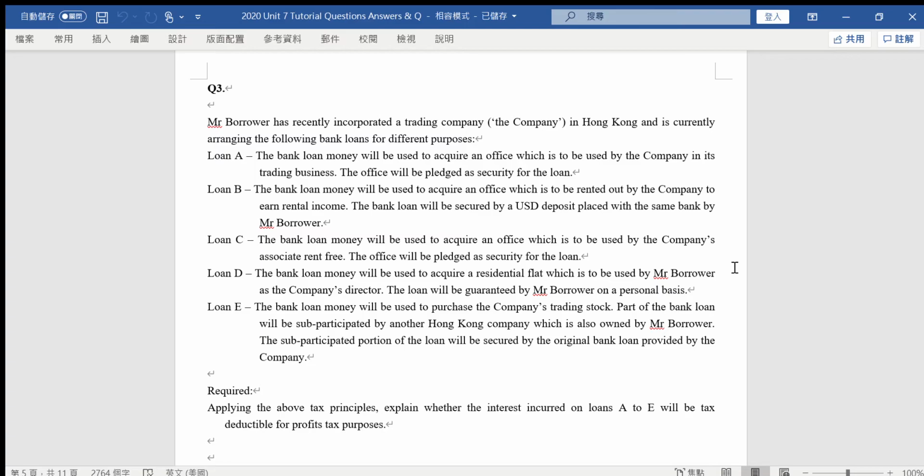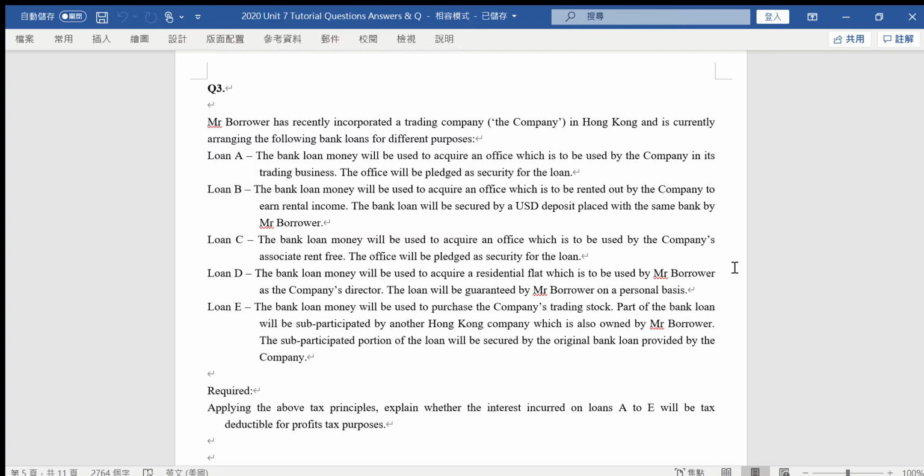Now look at this one. The loan is used to acquire the company's trading stock, and that is used to produce the assessable profit of the company. The general deduction rule is fulfilled, section 16(1), section 16(1)(a), and the sixth condition is also fulfilled.